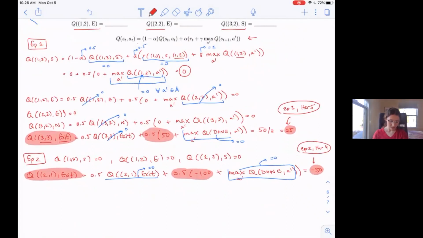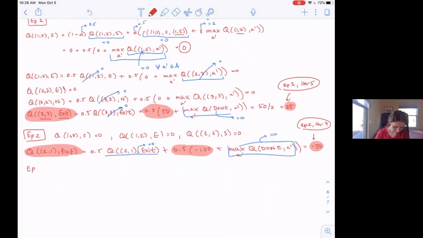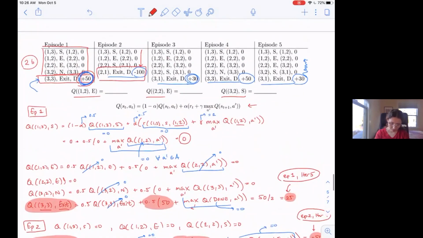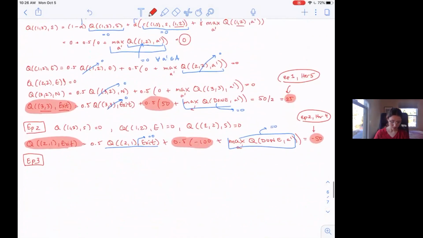All right, so in episode 3, we're going to see a very similar structure. Essentially, all of these Q values are going to equal 0 until we actually update the Q value at 3,1.